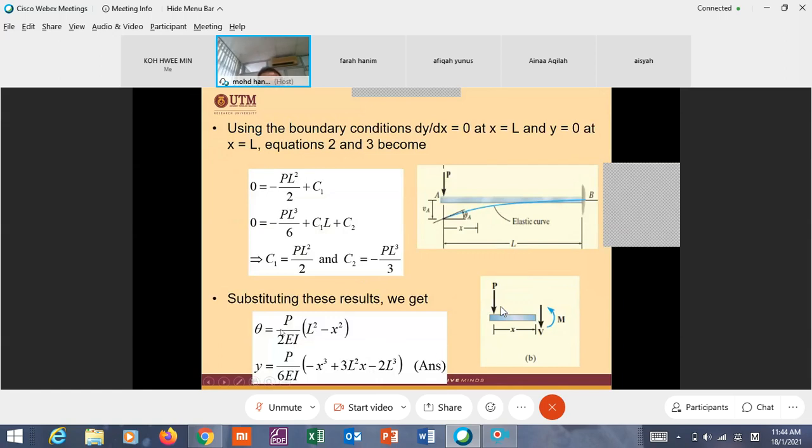So this is the slope equation. This one is the deflection equation. From this equation, what next? You can calculate the deflection and slope at any point along L, x distance from A.